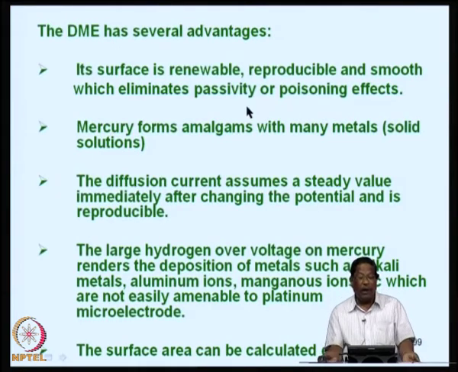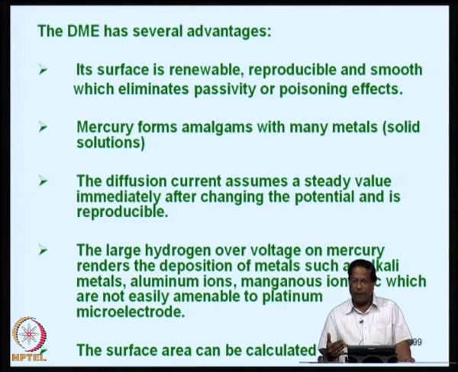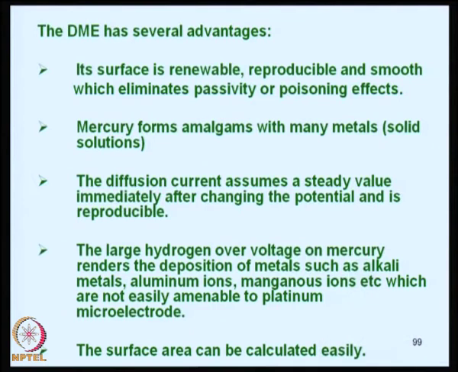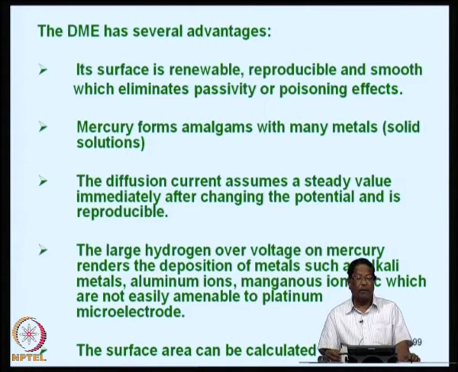So, this DME has several advantages. Its surface is renewable, it should be reproducible, it should be smooth, and which eliminates the passivity or poisoning effects. Mercury forms amalgams with many metals. That is another advantage, because any of the electroactive species you take, they get reduced at the mercury, form amalgams and diffuse into the mercury drop also.